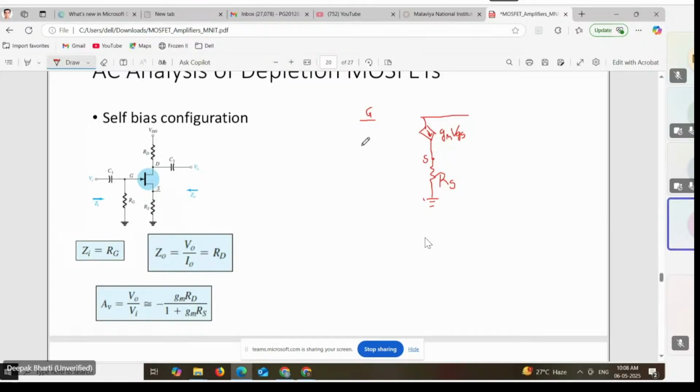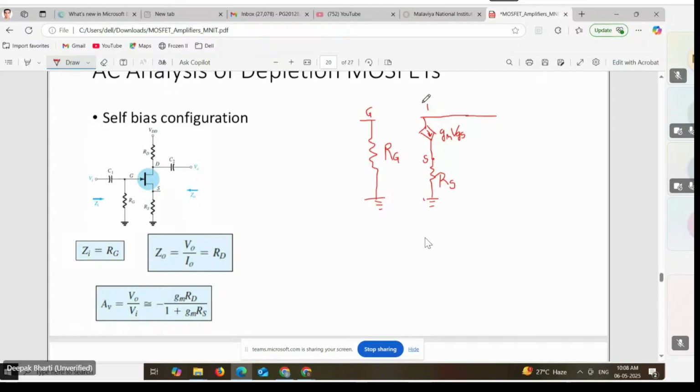Now RG is connected between gate and the ground. Where is gate? Gate is this point and ground is this. So this is your RG, and RD. RD is connected between drain and VDD. So as per the rules of AC analysis, it is connected between drain and the ground. Where is the drain?